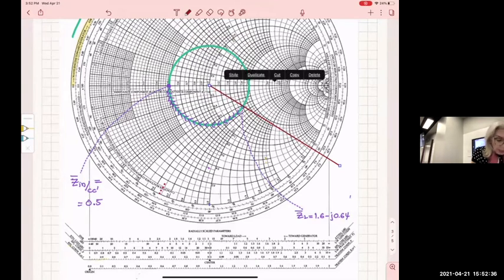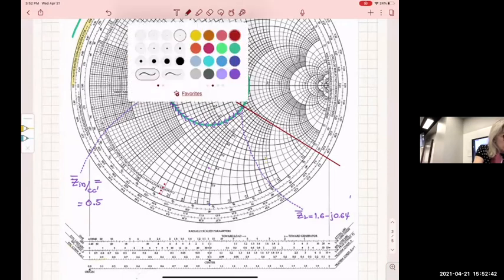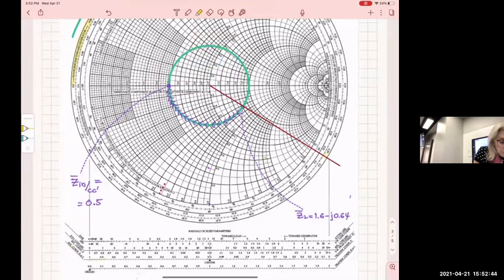All right, and then we see where it intersects the yellow rim. So here, and we read exactly what number that is, and I will write it: it's 0.294, and it is in lambda.